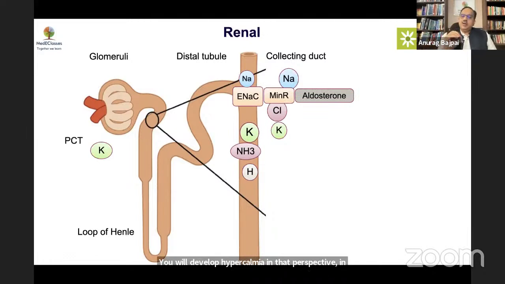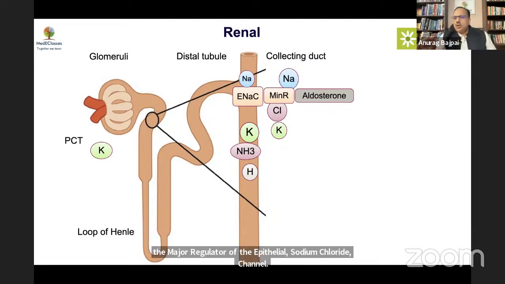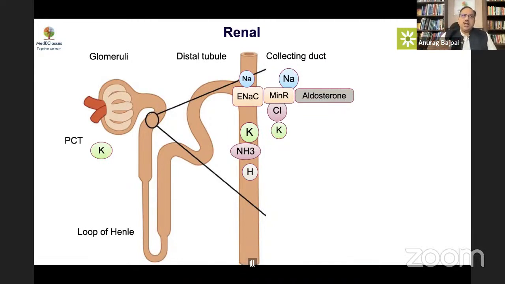Now, the major regulator of the epithelial sodium channel is aldosterone, acting through its mineralocorticoid receptor. In a nutshell, the only effect of aldosterone, the mineralocorticoid receptor action, will push the epithelial sodium channel from the cytoplasm to the membrane. So in a way, it is now making the membrane more permeable to sodium.